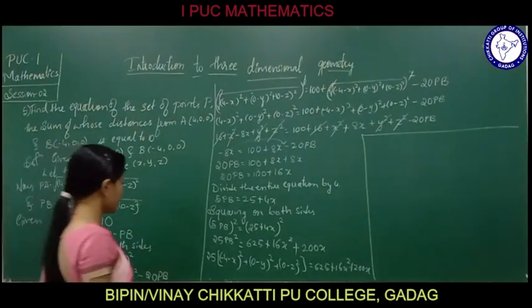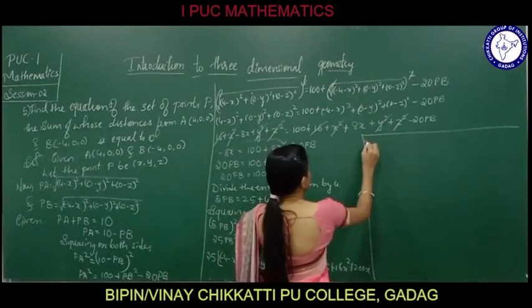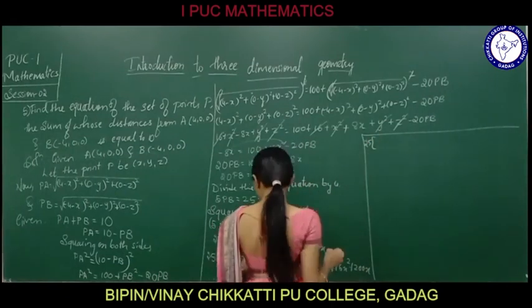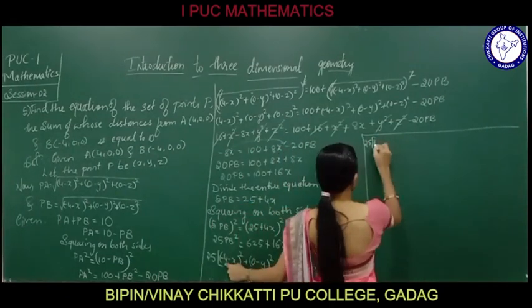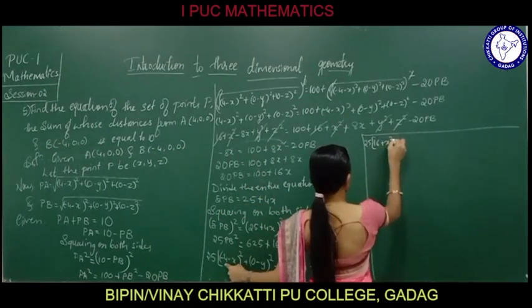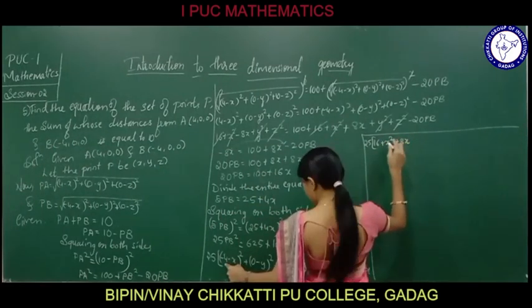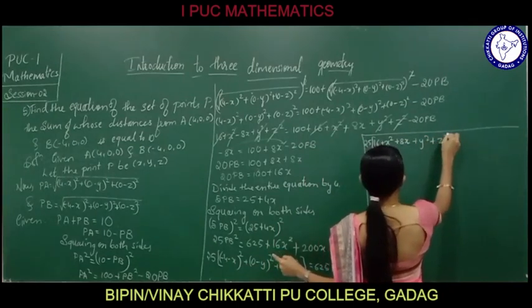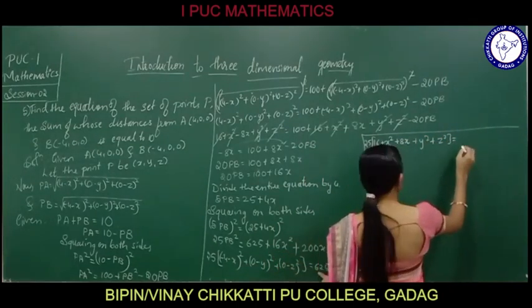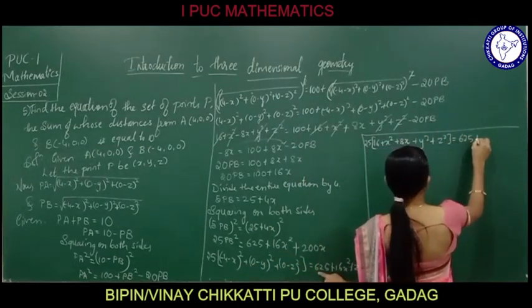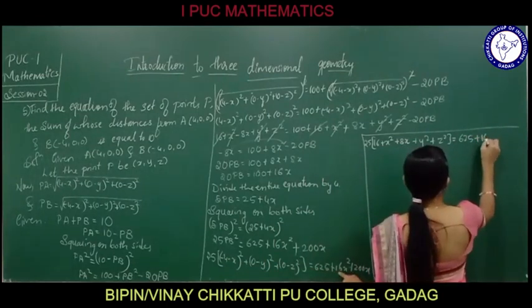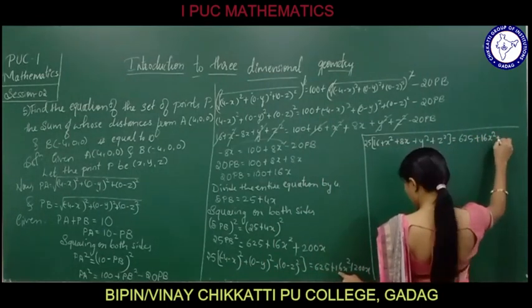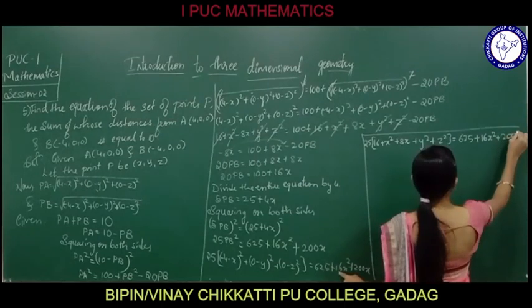That is 25 into, open the brackets, 4 square is 16 plus x square plus 8x plus y square plus z square. This will be equal to 625 plus 16x square plus 200x.